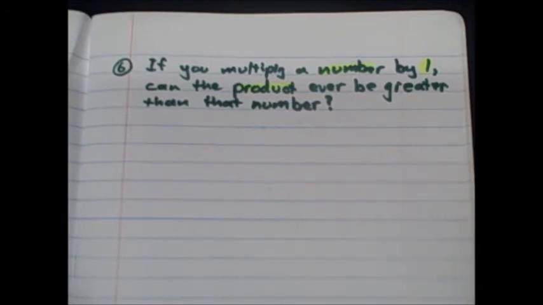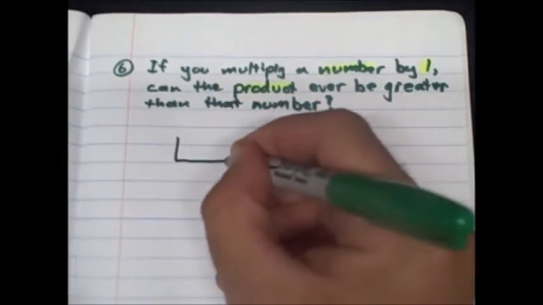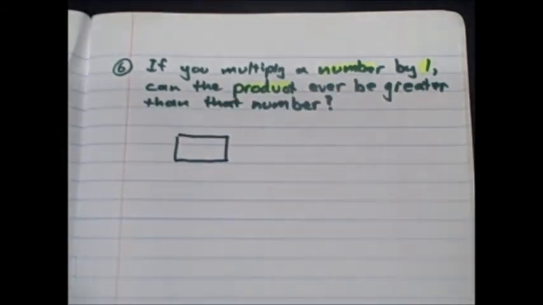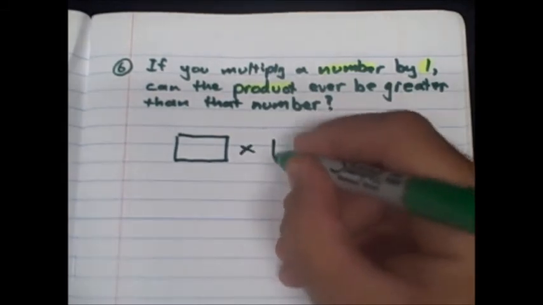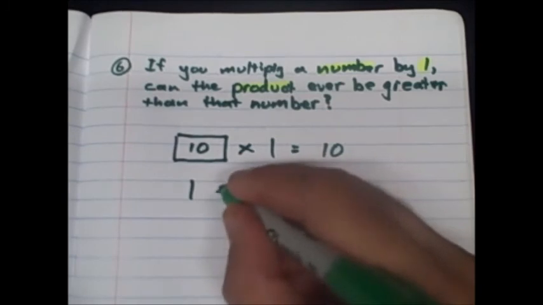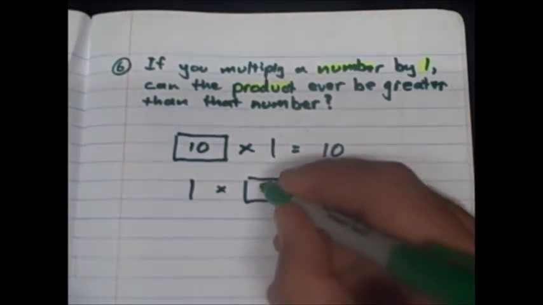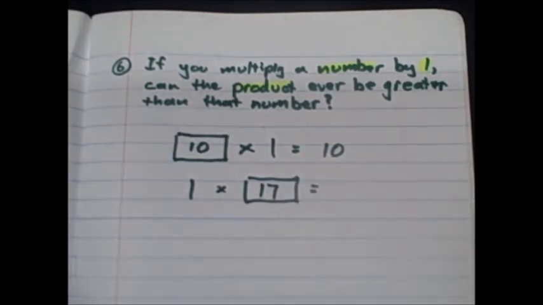Okay. And the answer is no. Because, try it. Okay. We've got any number multiplying by 1. It could be 10 times 1 will equal 10. No more, no less. It could be 1 times that number, and it could be 17.